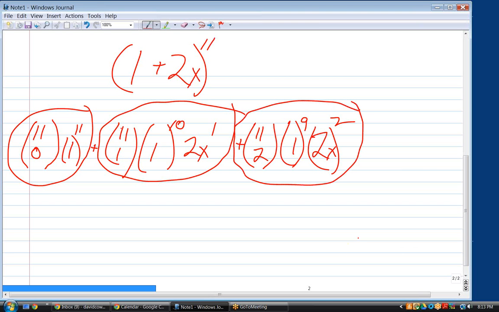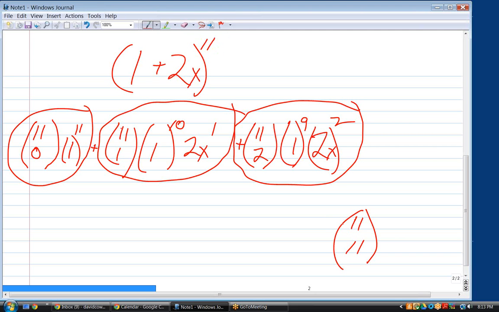So what's the last term? Let's work backwards. The last term would be 11 choose 11? 10? No, you're right, 11 choose 11. Excuse me. There are going to be 12 terms. There's always one more term than this n is.